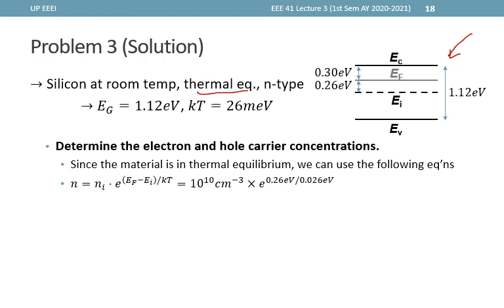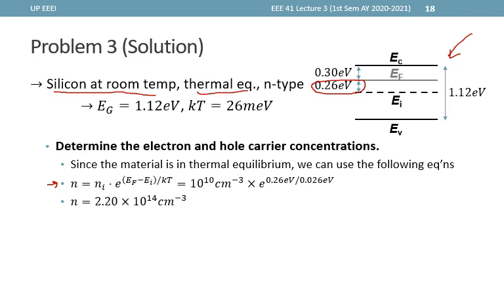Then we can use this equation to solve for N, where Ni is equal to 10 raised to 10, since we have silicon at room temperature, times e raised to (EF minus EI), which is 0.26, over kT, which is 0.026. We should be able to enter that into our calculators and get 2.2 times 10 to the 14.